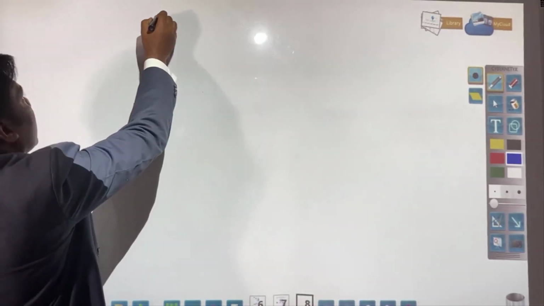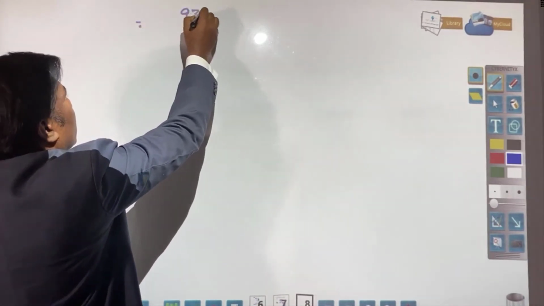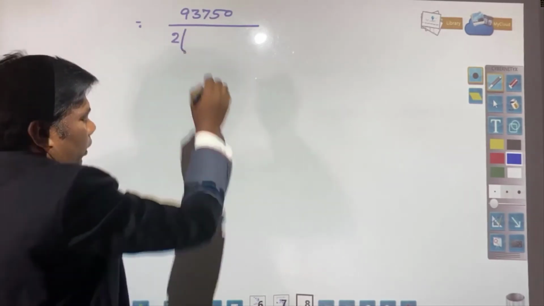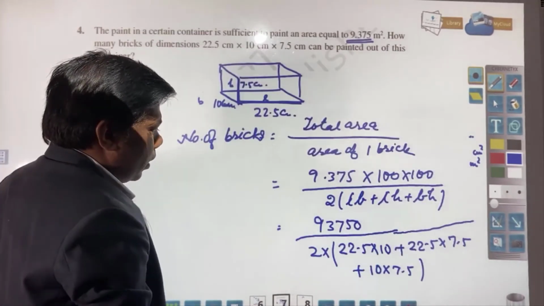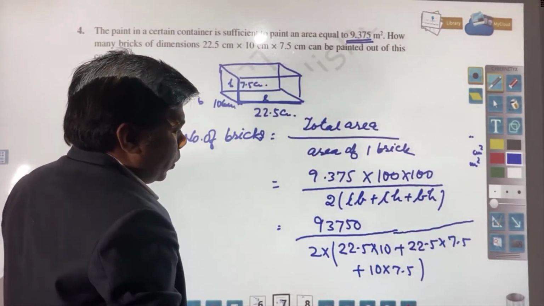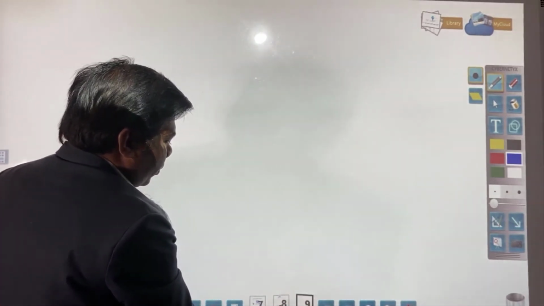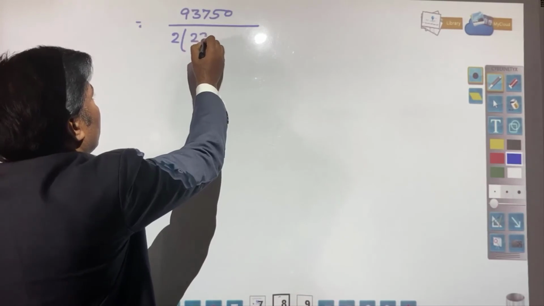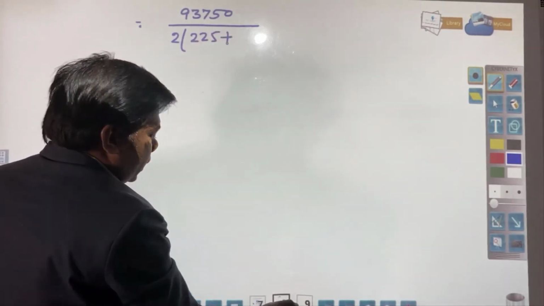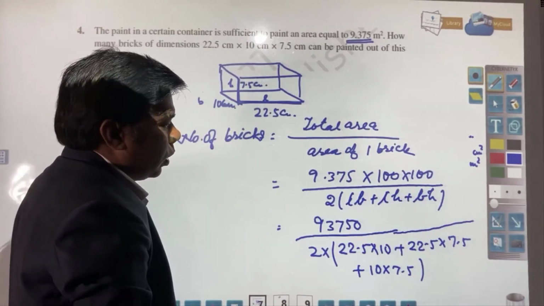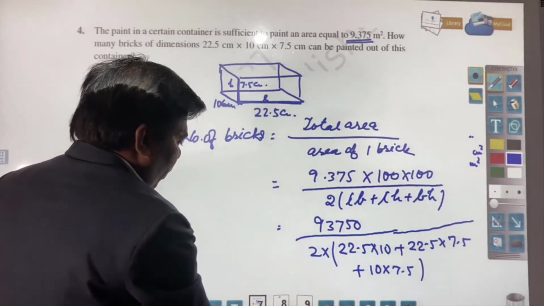This will be 93750 divided by 2 into, what we have, 22.5 into 10 means 225, plus we have 22.5 into 7.5.